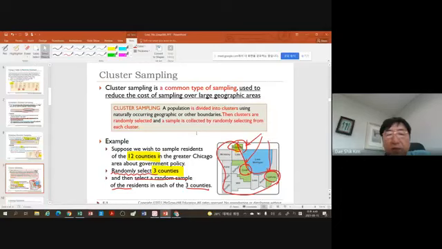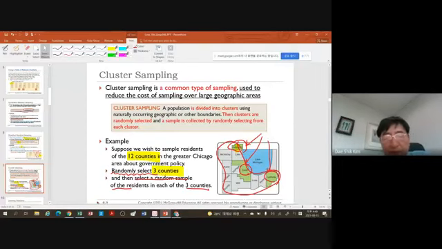Cluster is when the whole population is in a very, very large geographic area. In that case, the whole geographic area will be divided into clusters based on geographic or other boundaries. And then randomly select 2, 3, 4, it depends.